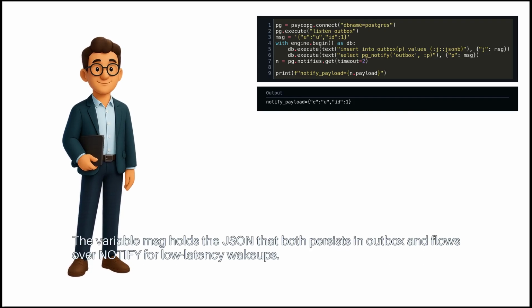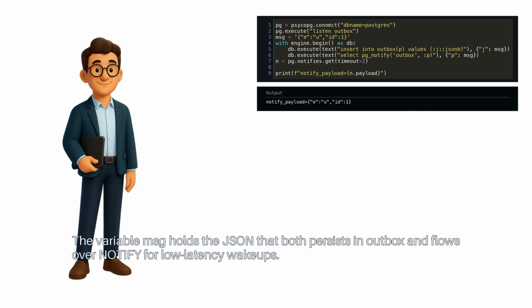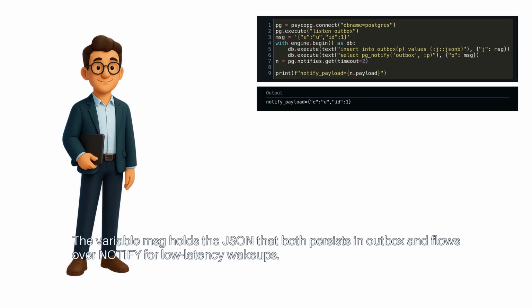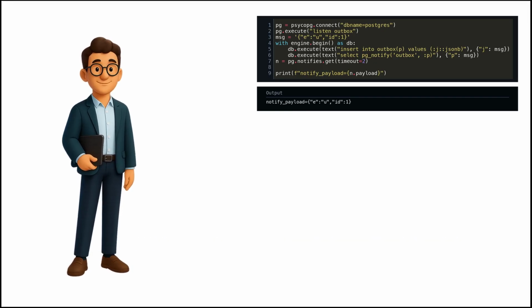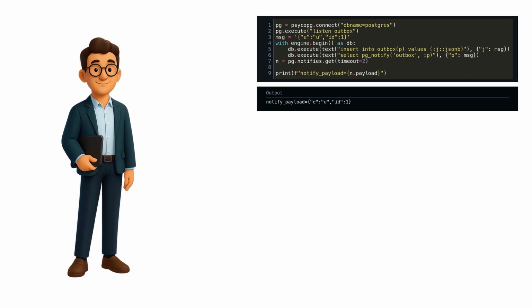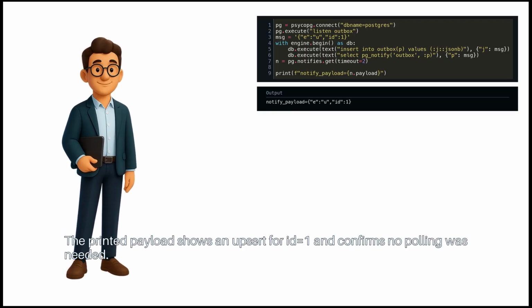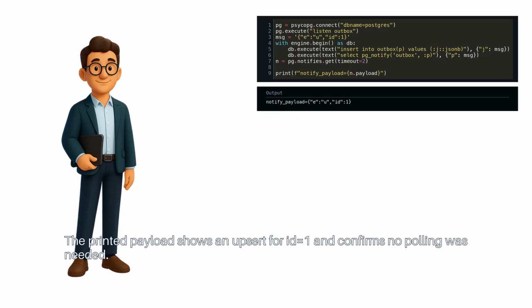The variable msg holds the JSON that both persists in Outbox and flows over notify for low latency wakeups. Finally, pg.notifies.get waits up to 2 seconds to receive the event. The printed payload shows an upsert for id equals 1 and confirms no polling was needed.